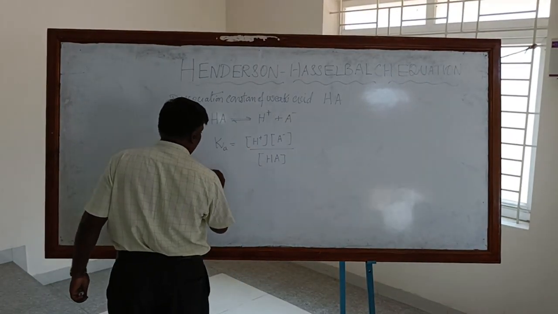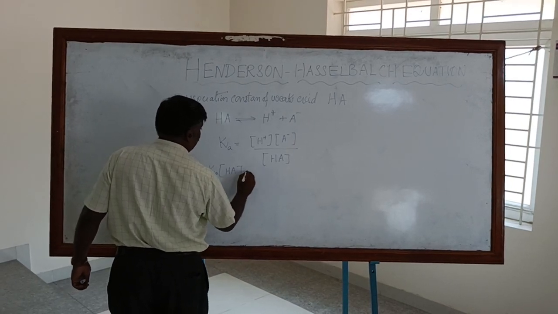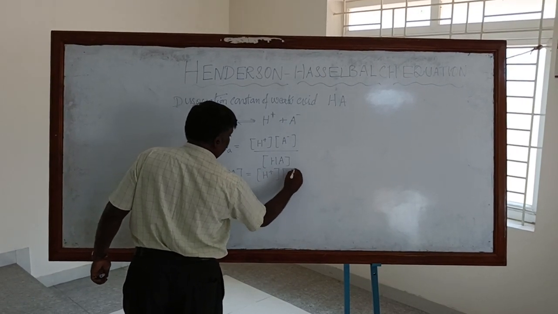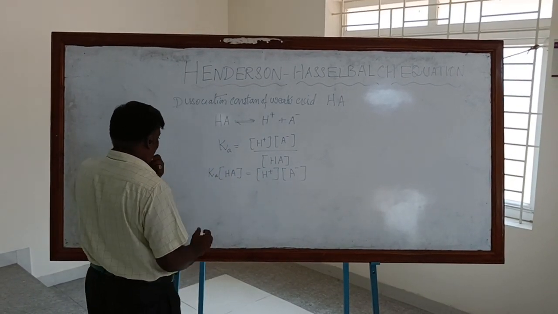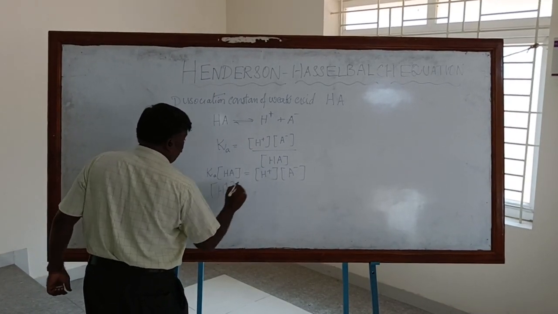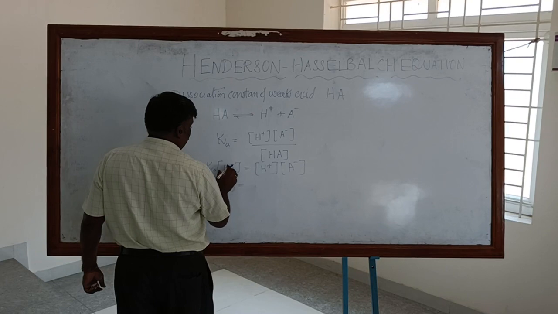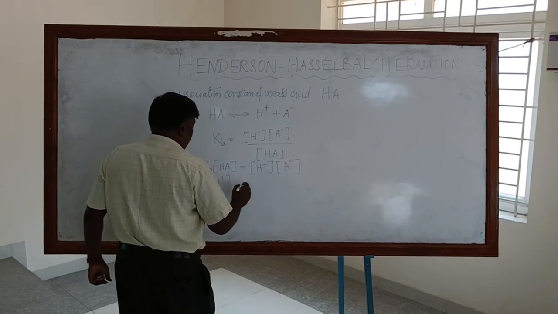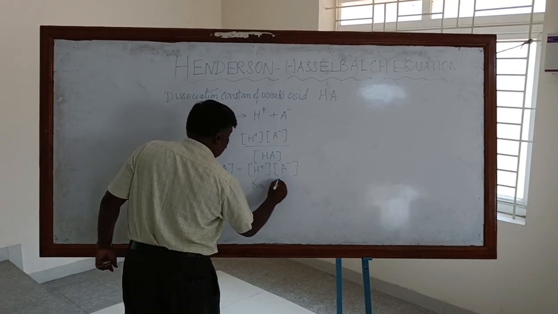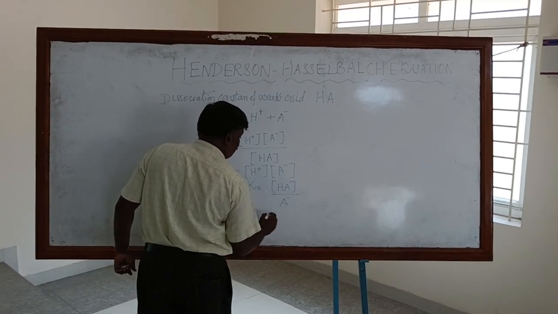Just cross multiply this. So Ka into HA concentration is equal to H plus into A minus. From this you take H plus. What is the concentration of H plus? H plus is equal to, just bring the Ka, so H plus is equal to Ka into concentration of HA by A minus.